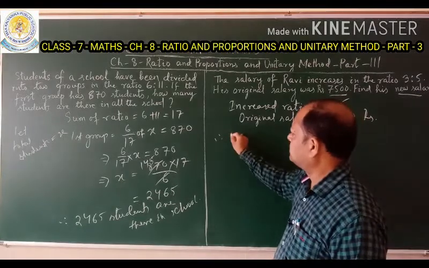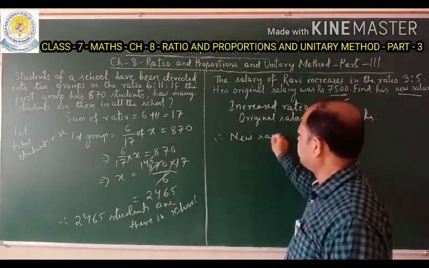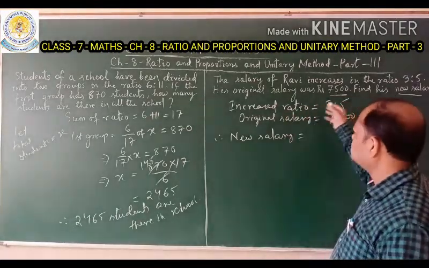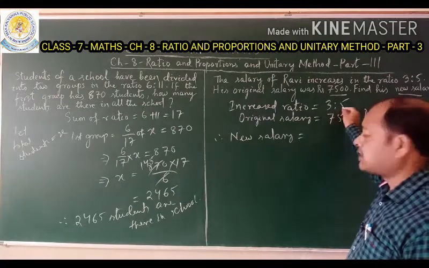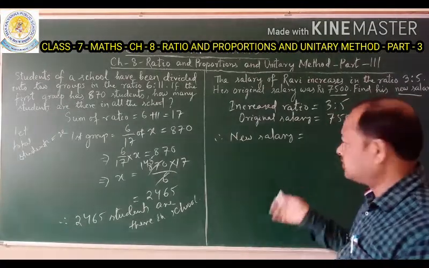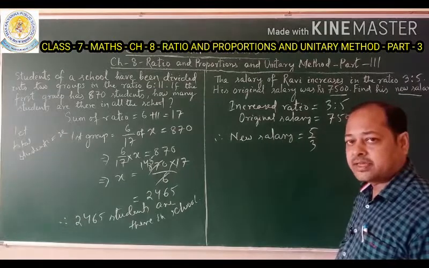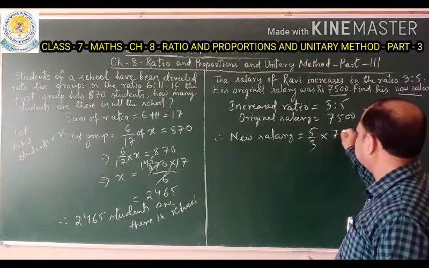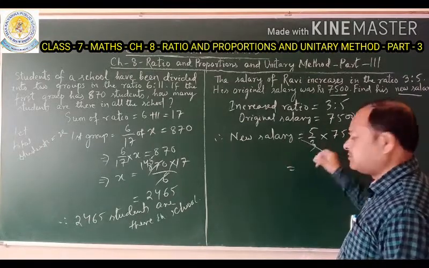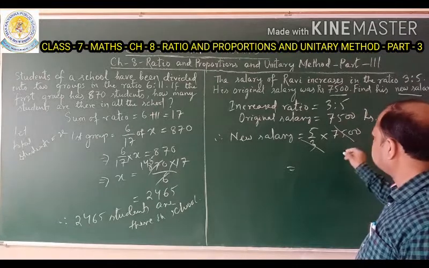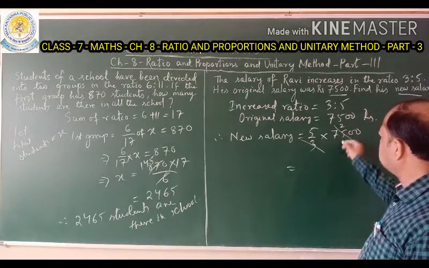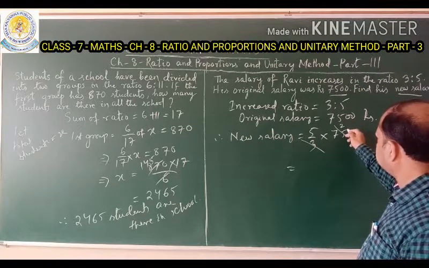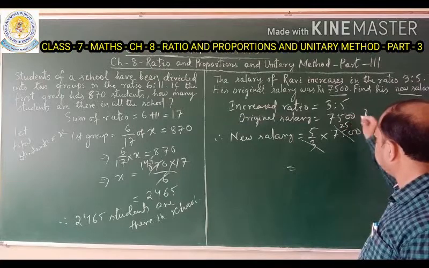Okay, so here we have to find out the new salary. So therefore new salary equal to just the reciprocal of the increased ratio. What is the increased ratio? 3:5 here. The reciprocal of 3:5 is 5/3, of the original salary. Of means into, and what is the original salary? That is 7,500. Just simplify it, then we get the answer. 3 2s are 6, 3 5s are 15, 0.